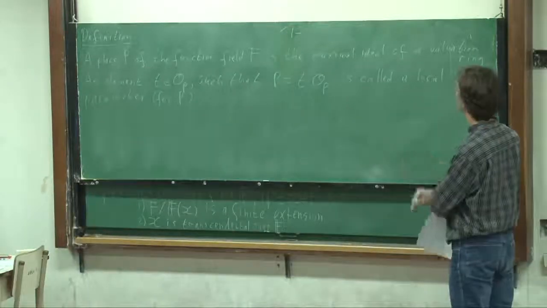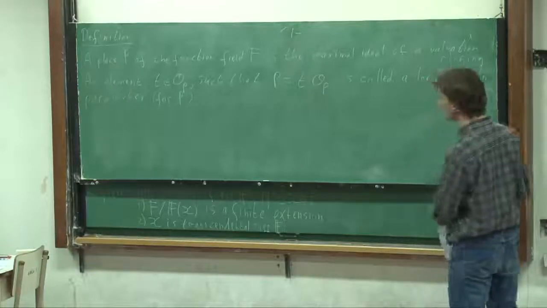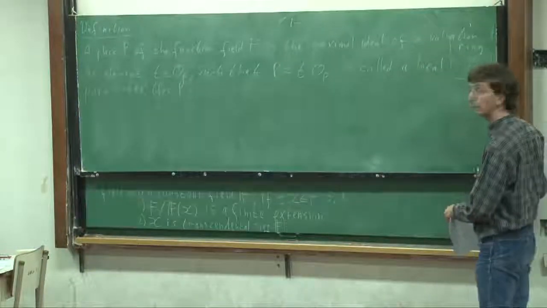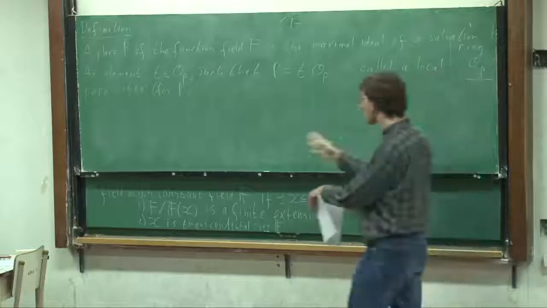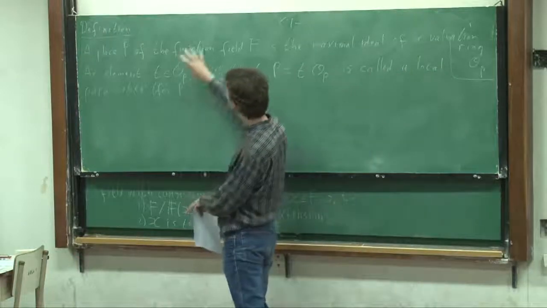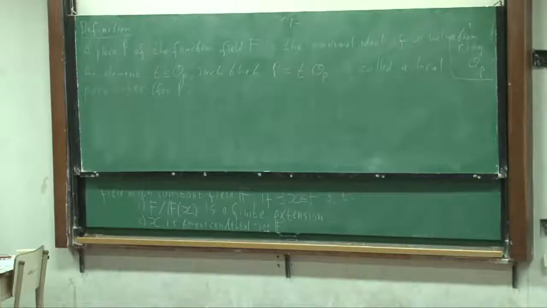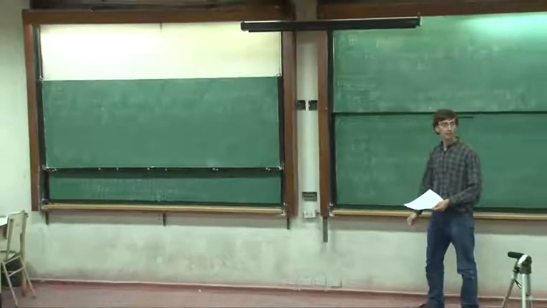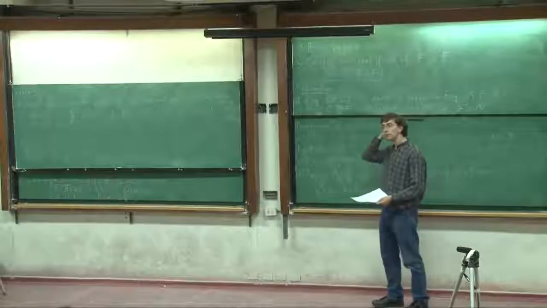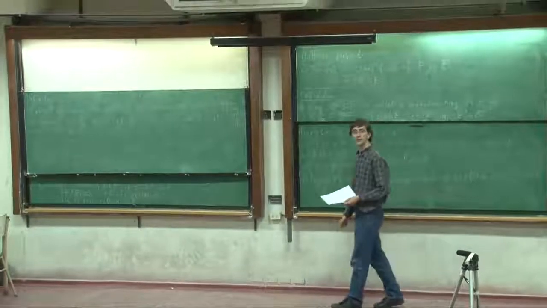Okay, so this is in a nutshell a way to define places which are analog to points in a more algebraic way. Are there any questions up to here? Nothing?